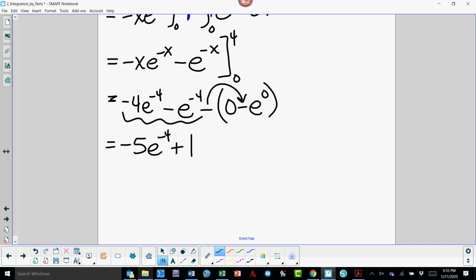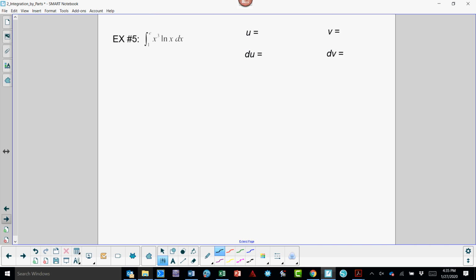Okay. So now we're going to do another one that has a product that uses integration by parts. So here again, I have to decide what I'm going to let u equal. You might think to yourself, hey, u should be x cubed because that's what we've been doing, and then that one gets easier.